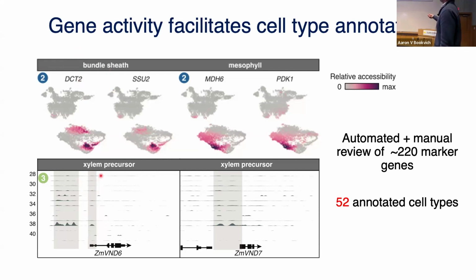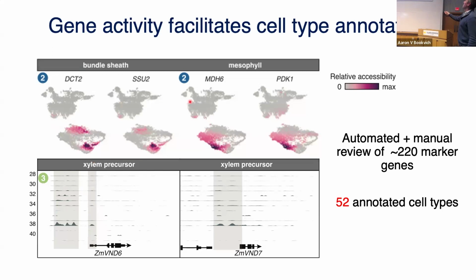And so if we look at the accessibility of these 2 genes across different cells, we can see that we have co-localization of signal in the same population of cells. Right? So the same cells are showing specificity of chromatin, increased levels of accessibility for those 2 genes.